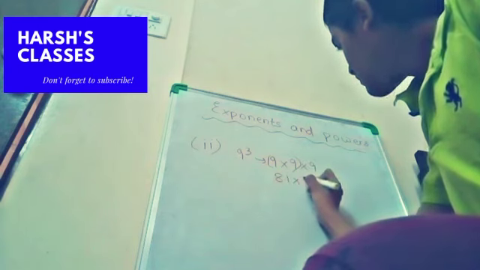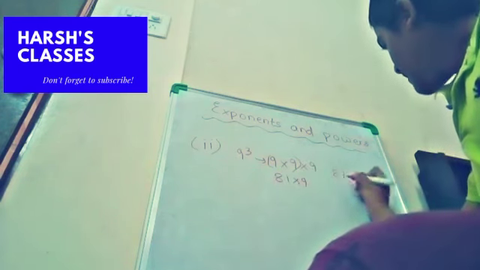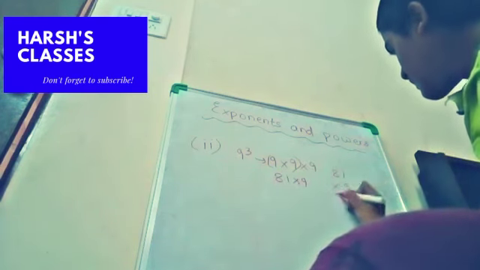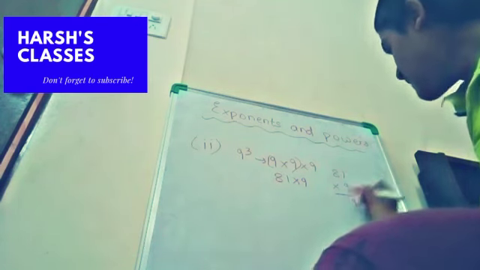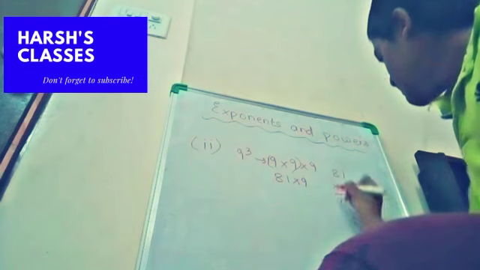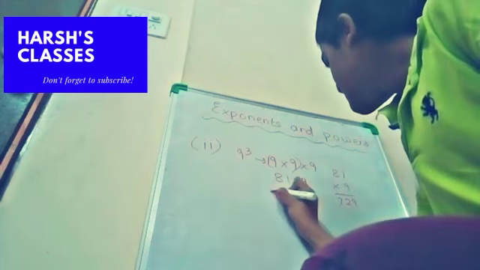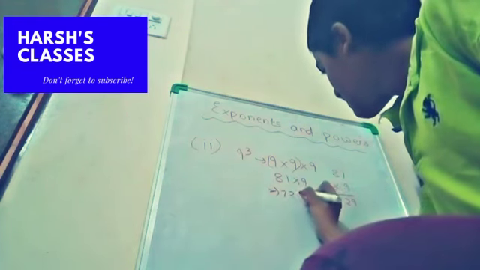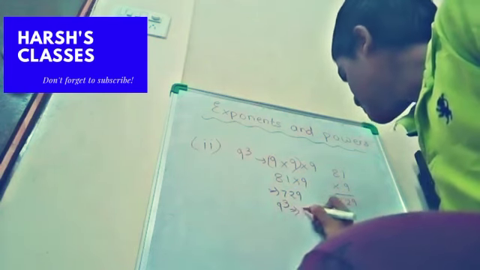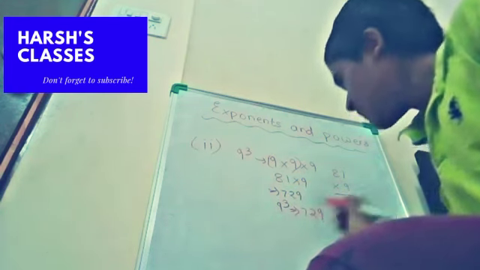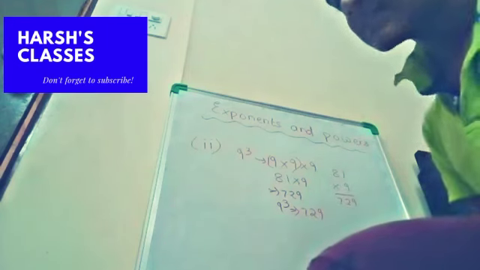So 81 into 9: 9 ones are 9, 8 nines are 72, which gives you 729. So 9 to the power 3 is equal to 729. I hope it's clear with the second one.